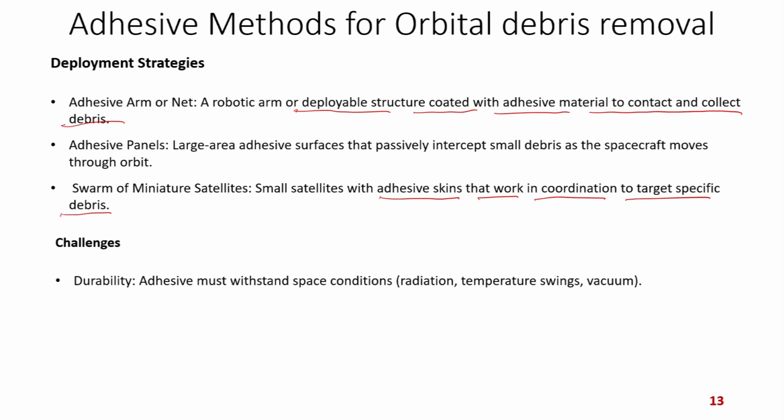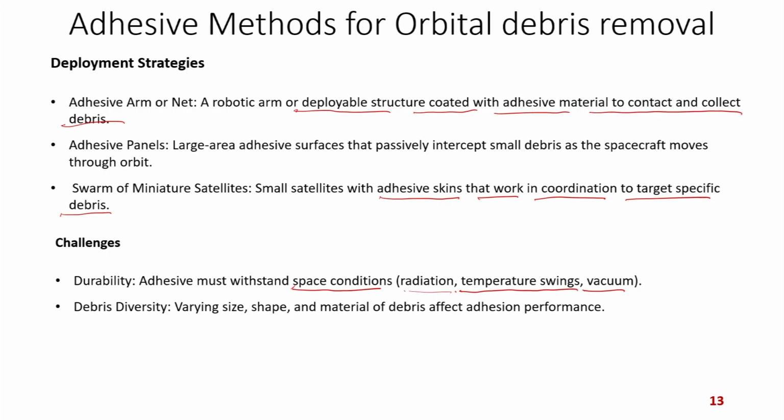So, what are the challenges? The challenge is the durability. Adhesives must withstand space environment conditions, especially the radiation environment, then the thermovacuum, the temperature swings, that is the thermal and the vacuum conditions of the space environment.